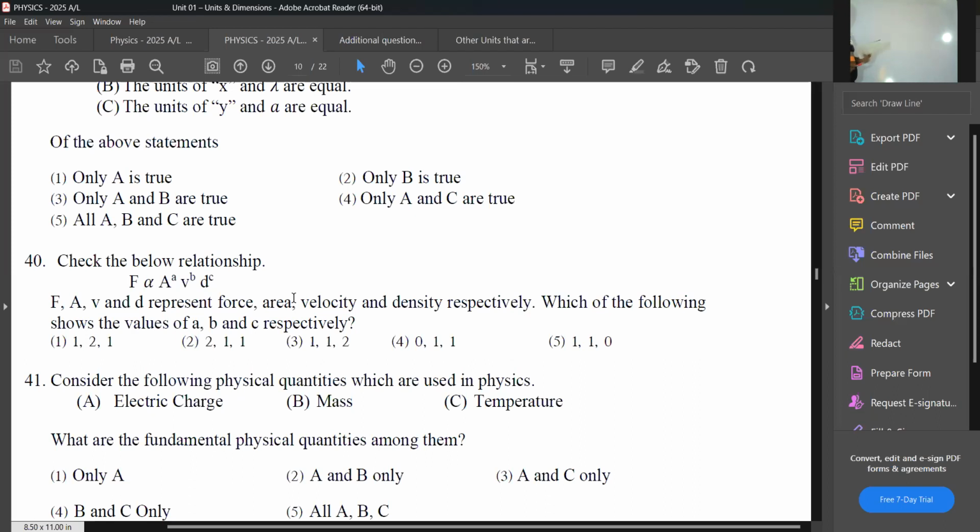That should be given, but it is not mentioned. You have to correct that, okay? That means f is equal to a to the power a, b to the power b, b to the power c.